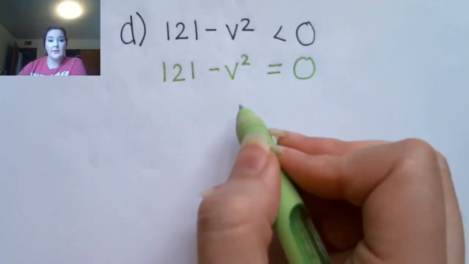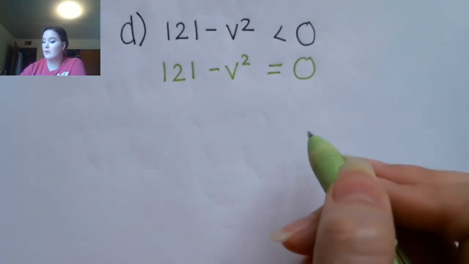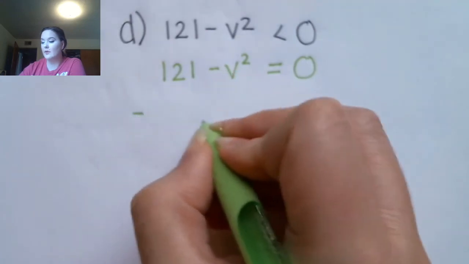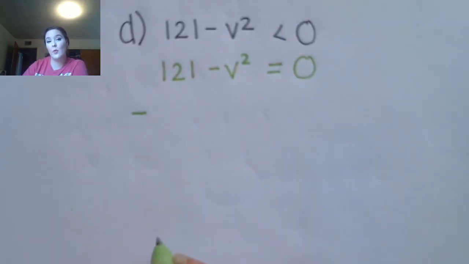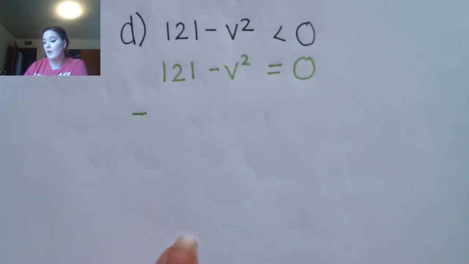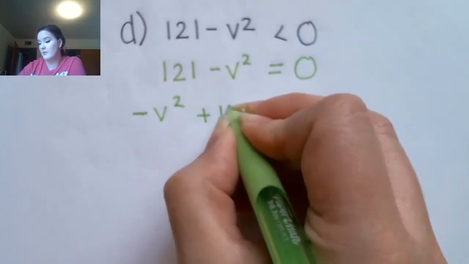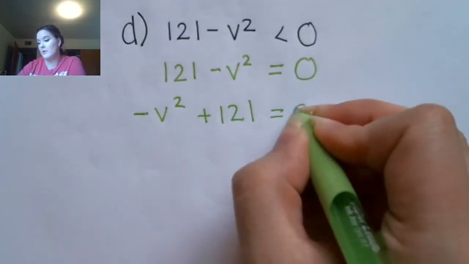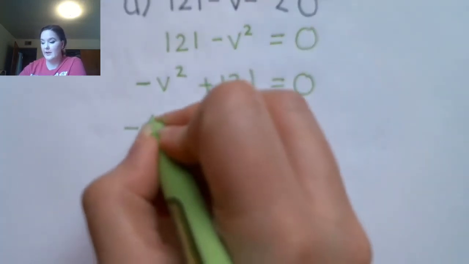Now I can solve this using factoring, or I could solve this using square roots. Okay, either way is totally fine. But since I need the factors for the sign chart, I might as well factor. Okay, so I'm going to factor out a negative sign.